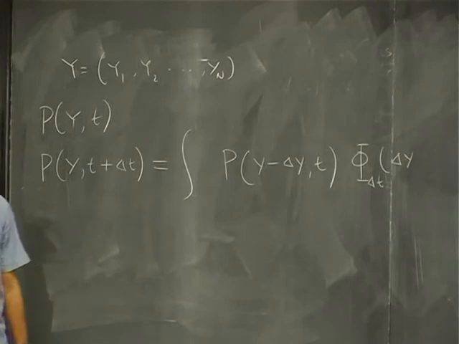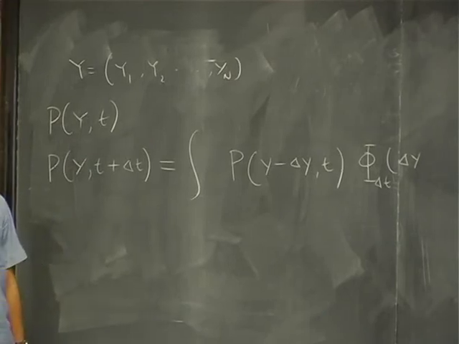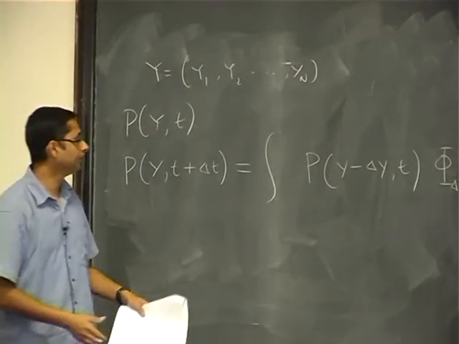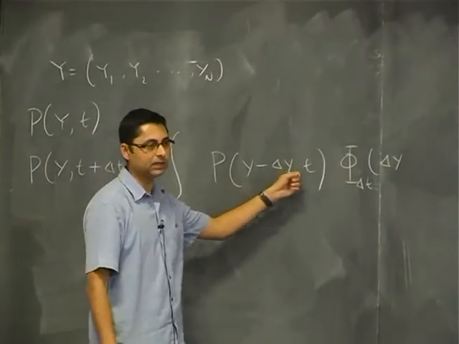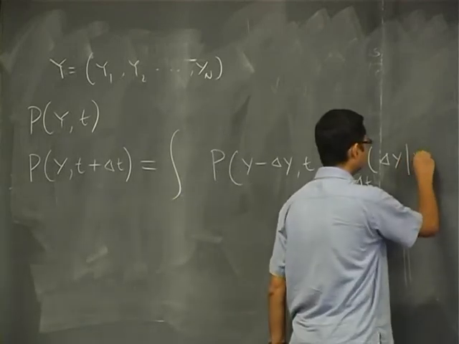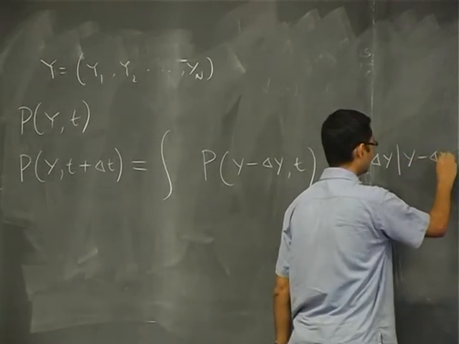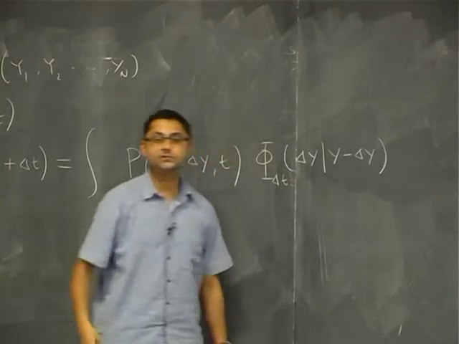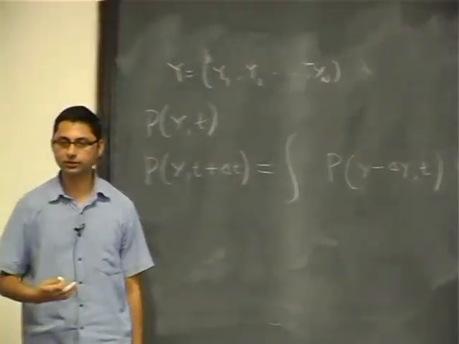But now, where does it jump from? It jumps from y minus delta y, so it can be a function of this variable also.